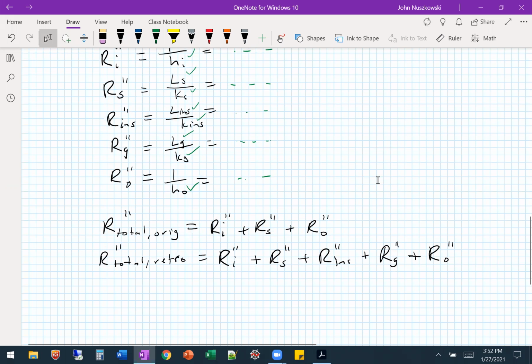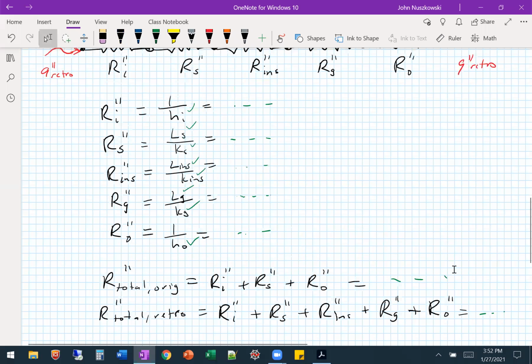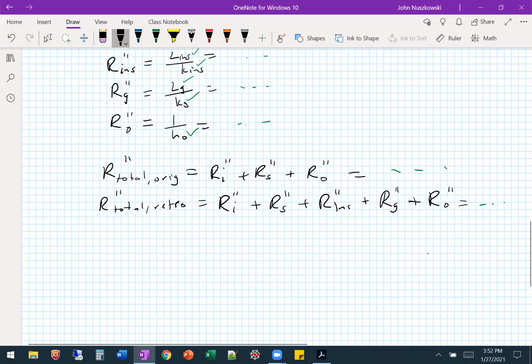And again, I don't have the numbers individually. I didn't end up calculating in between, but we could do that, okay? And I suggest when you do the problems that you do that, or at least step through like this. Now say we have the R total. Then heat flux is T infinity 1 minus T infinity 2 divided by R total.